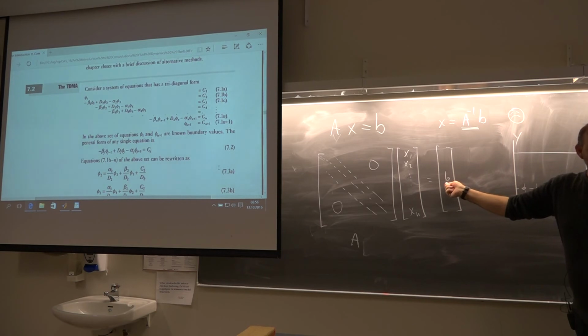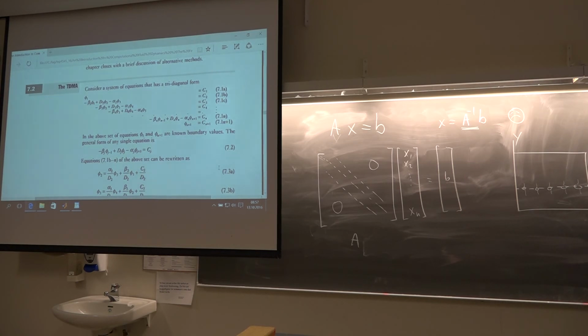You just put them on the other side of the equation sign, and they are not the correct velocities. So to find a solution, you do it for one line, then the next line, and the next line, and so on. You sweep over the entire field line by line, solving this TDMA equation system.